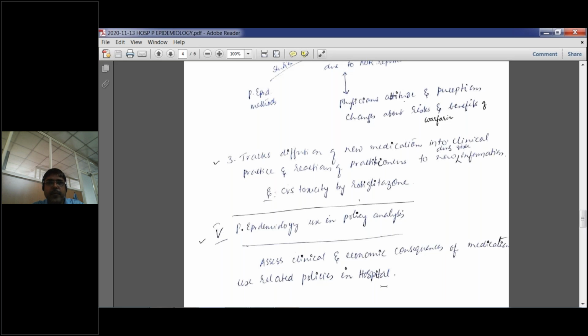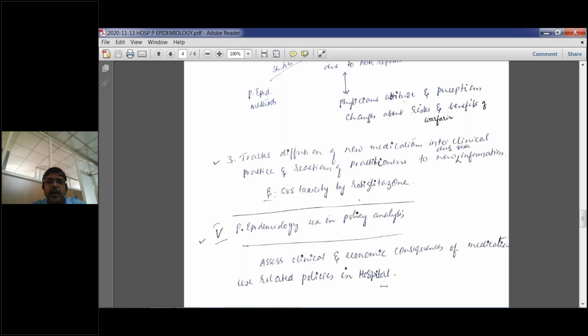We know that each hospital will have their own formulary, correct? The formulary will contain those medications that are brought by the hospital management. So doctors have to prescribe from that formulary list, and the same drugs are going to be distributed by the pharmacist also. So there is a policy to use the medications in the hospital.